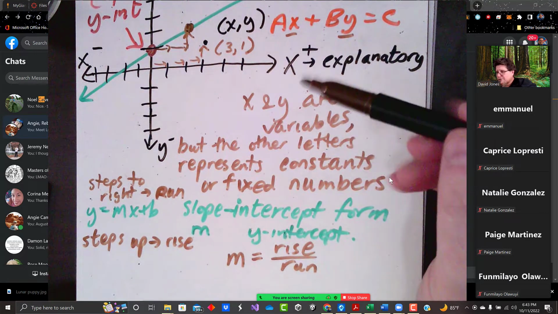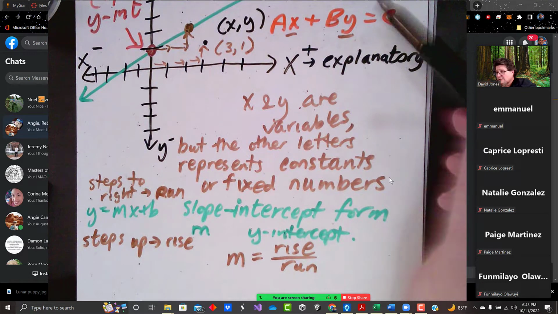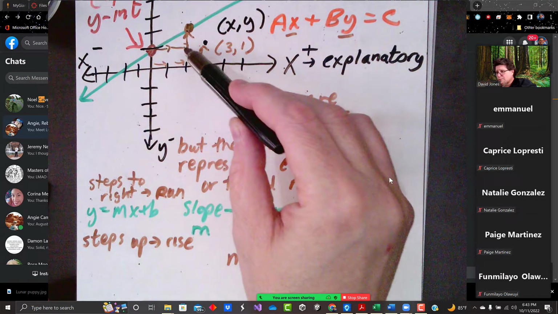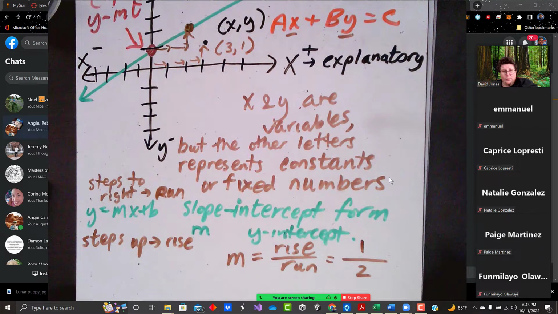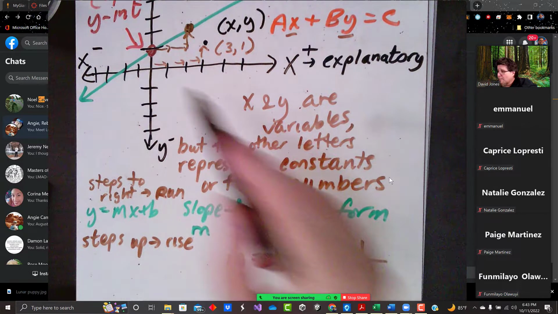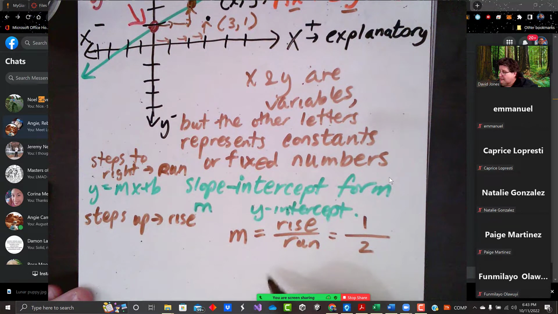So the line I drew, this green line, runs 2 steps, it goes to the right 2, and it goes up 1. So m, the slope, is 1/2. I know by the picture my b, my y-intercept, is at (0, 1).